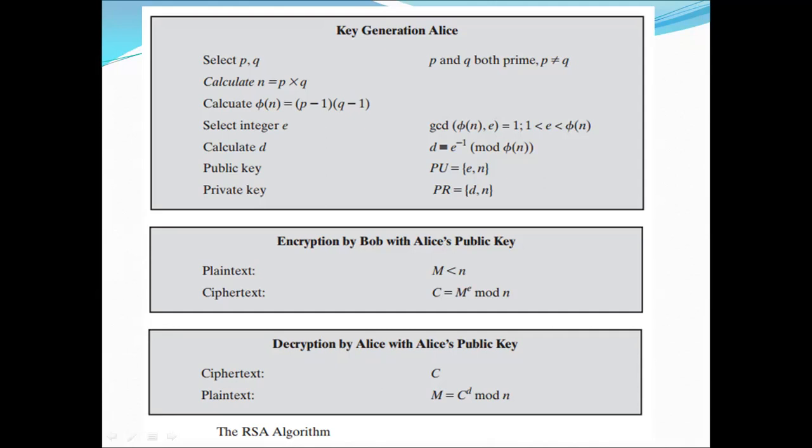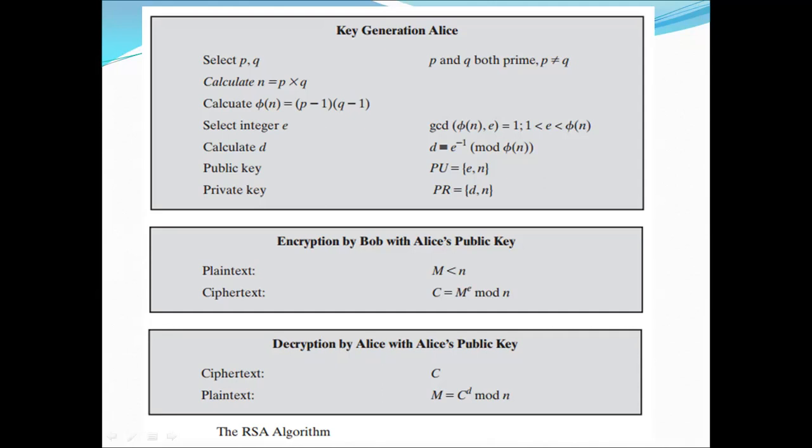And then we have to select the integer value e in such a way that GCD of phi of n comma e is equal to 1, where 1 is less than e less than phi of n. Then we have to calculate the d value, which is congruent to e inverse mod phi of n.